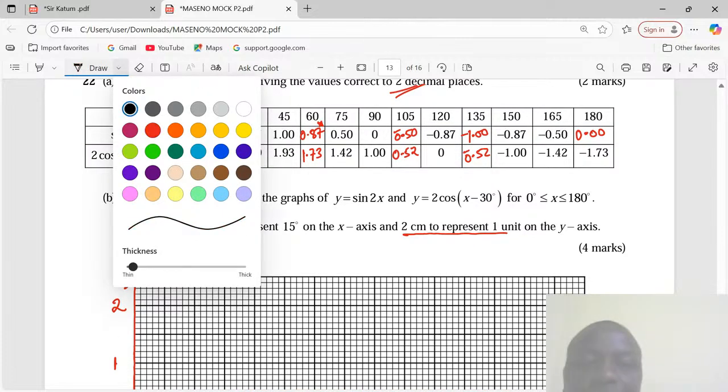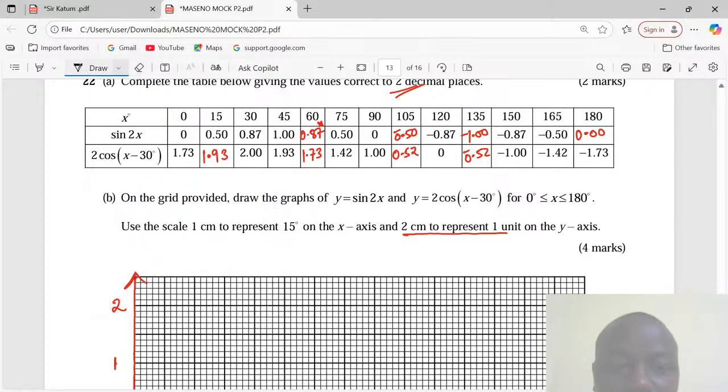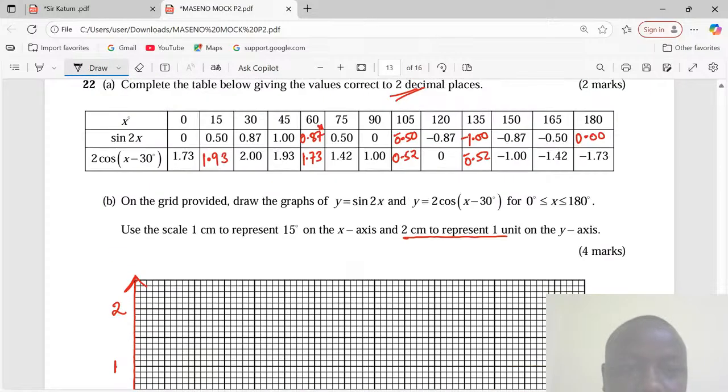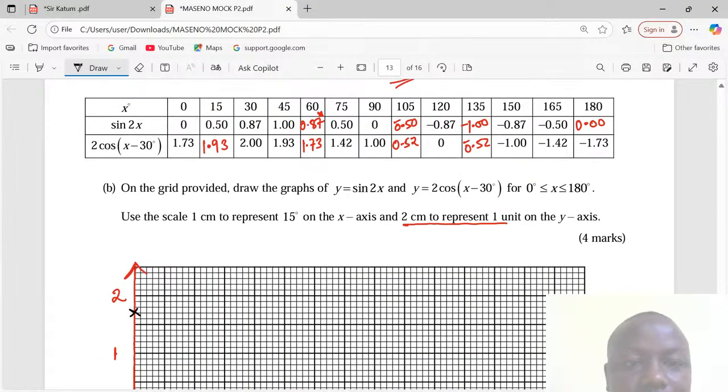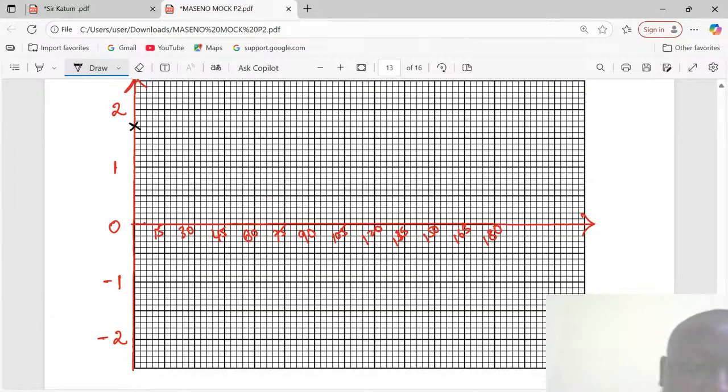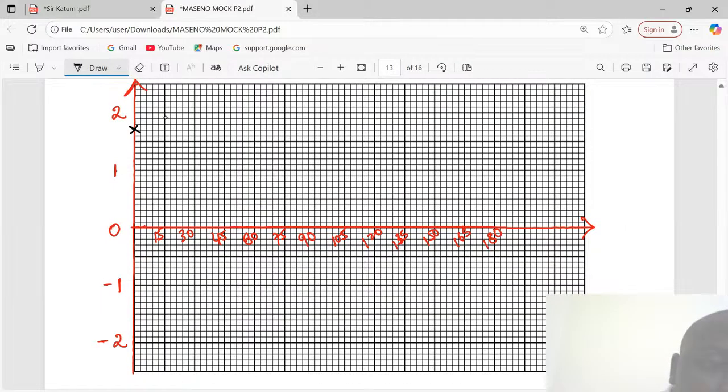Allow me to plot using black for the first curve. So 0 and 1.7. Then 15 and 1.9.